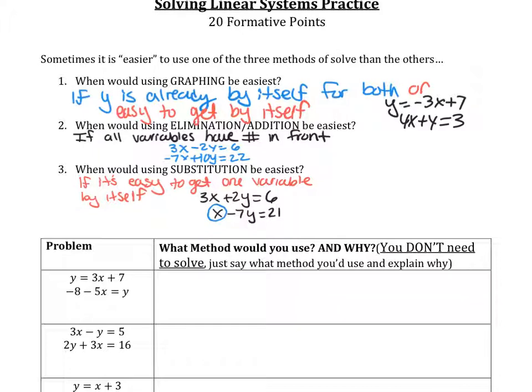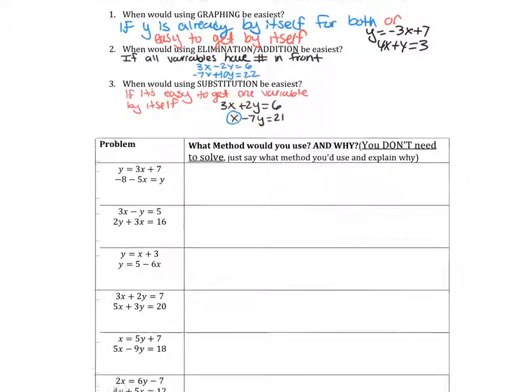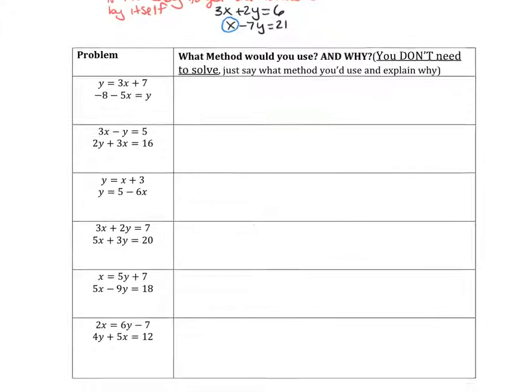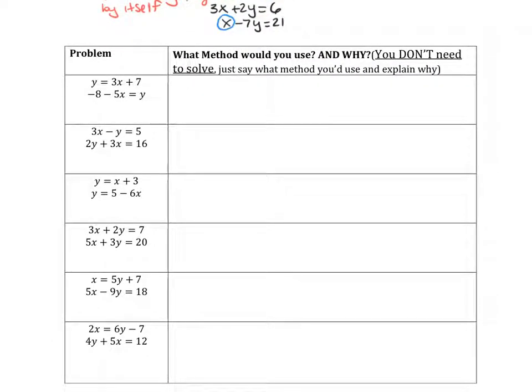Okay. So what we're doing today, this pack is going to be worth 20 formative points. On the first page, I'm giving you a problem in the first column, and then all you're going to do in the second column is say what method you would use to solve it of those 3. Notice in big caps, you don't need to solve yet. So on this page, you are not solving.